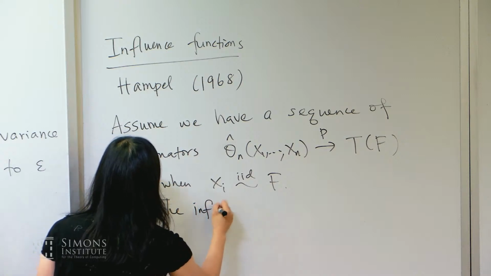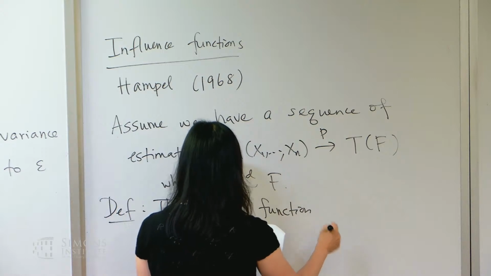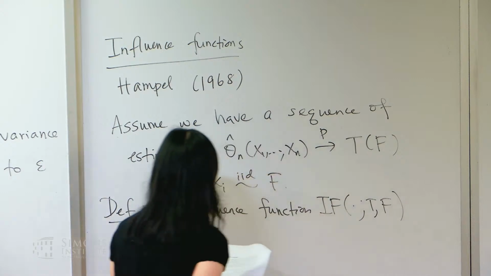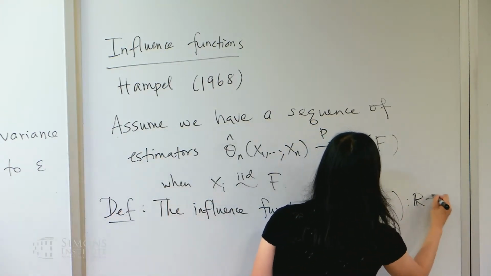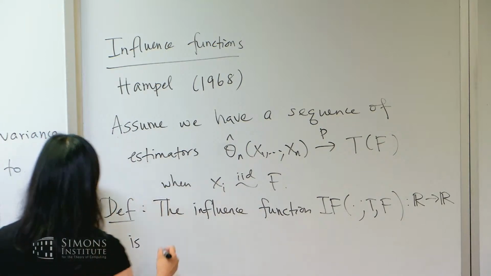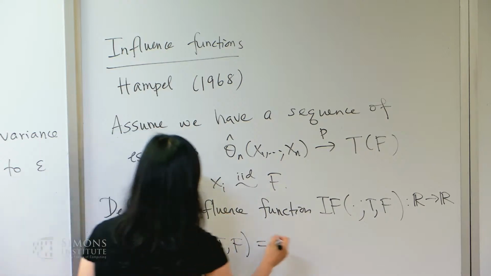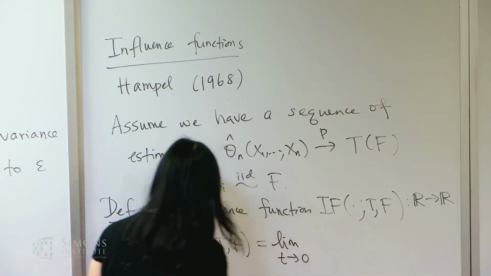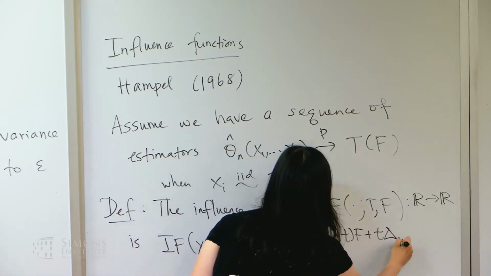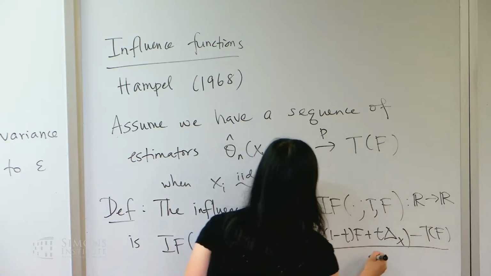The influence function, and I really dislike the notation, but this is some function that maps from R to R in the univariate case. It is defined as the influence function in the direction of x: the limit as t goes to 0 of T of (1 minus t)f plus t delta mass at x, minus T of f, divided by t.